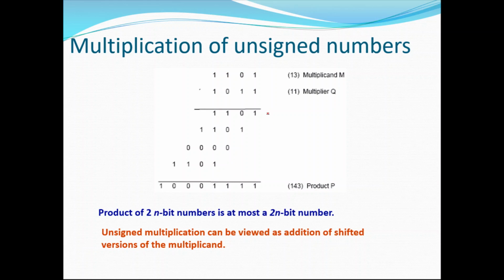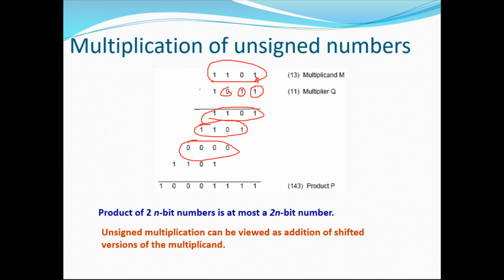In normal manual multiplication, which you know already, that elementary school multiplication, this 1 is multiplied with this, so you get the same thing as it is: 1101. Again 1, and you get the same thing. When it is 0, it is all zeros.